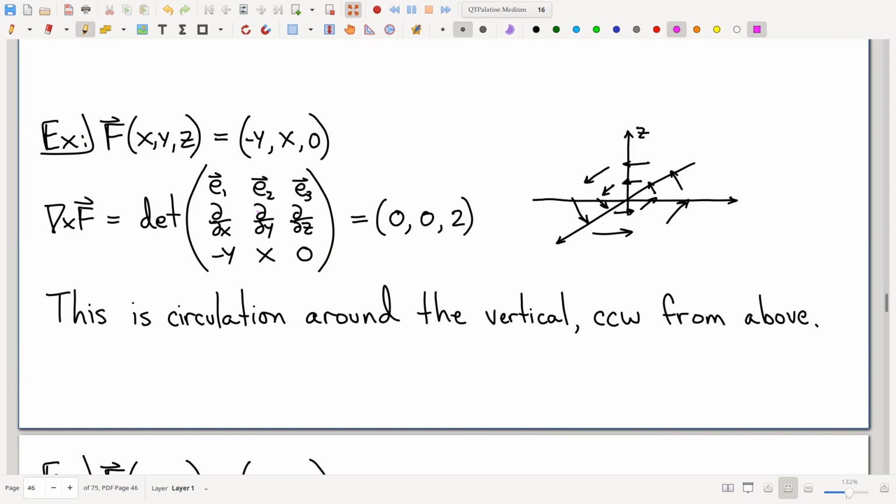Let me first give you the wrong interpretation of this example. The wrong interpretation is, check it out, I can look at this flow line. That flow line is literally curving around the z-axis. This is the wrong interpretation. Let me put a big X here. That's the wrong take.